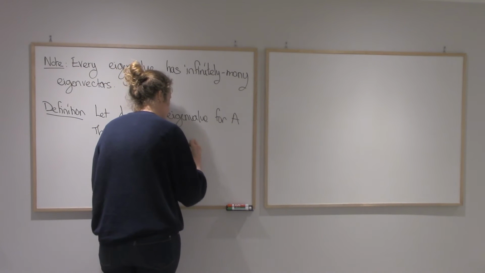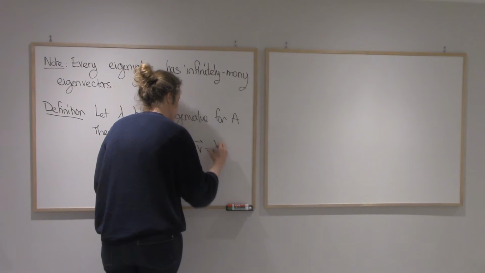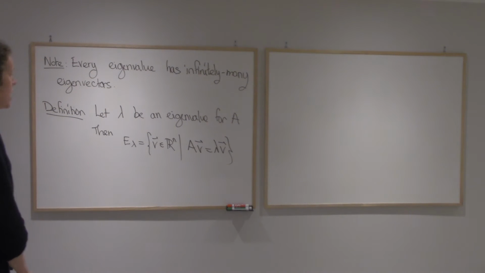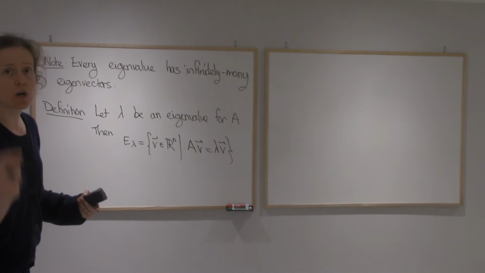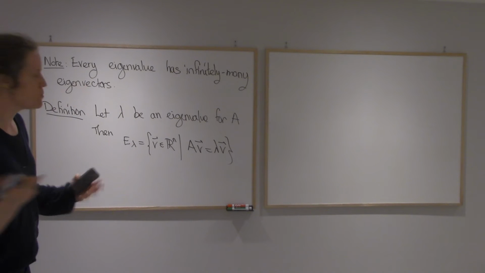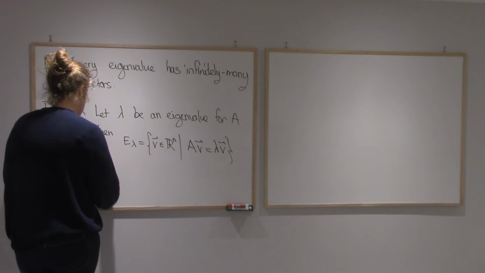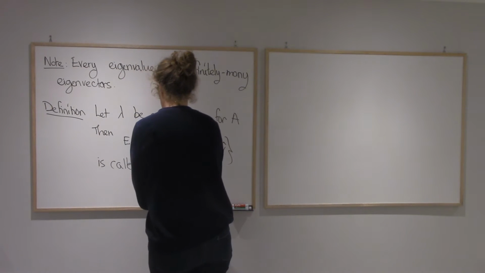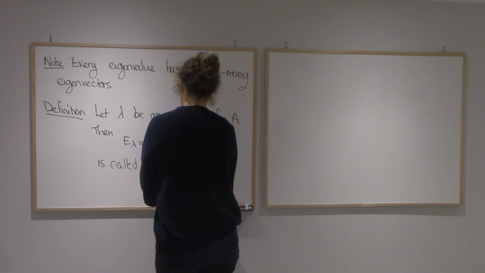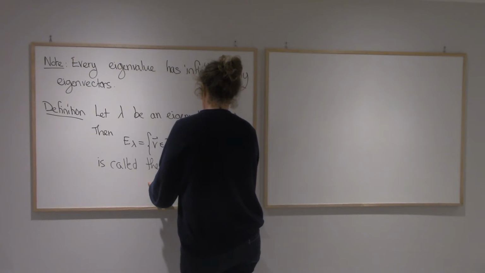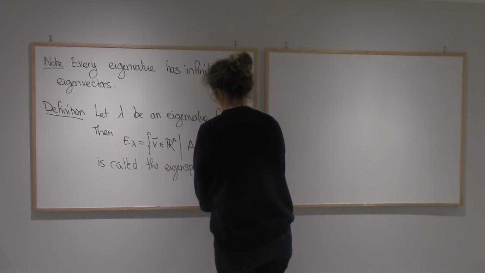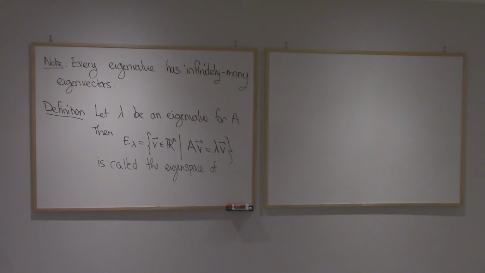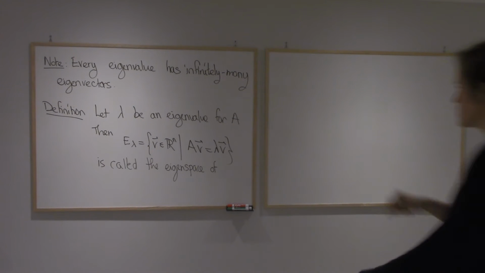So AV equals lambda V. All of them, even the zero vector, I'm going to put them in a set, and we're calling that the eigenspace. The eigenspace of A corresponding to lambda.